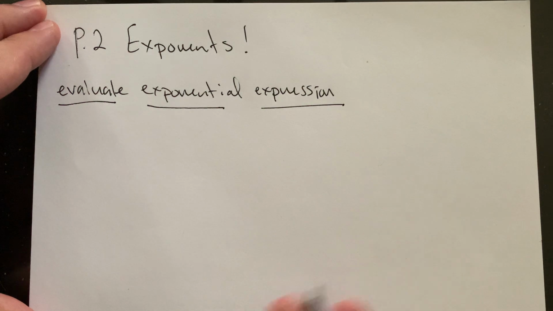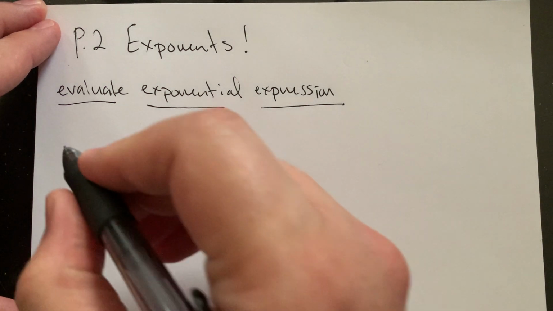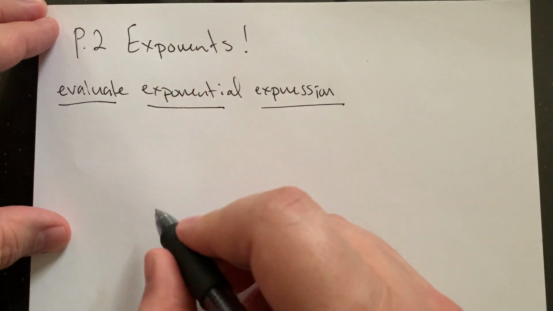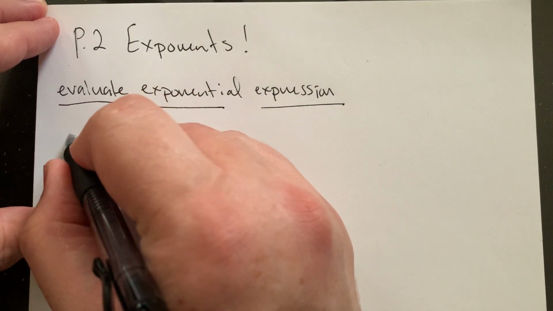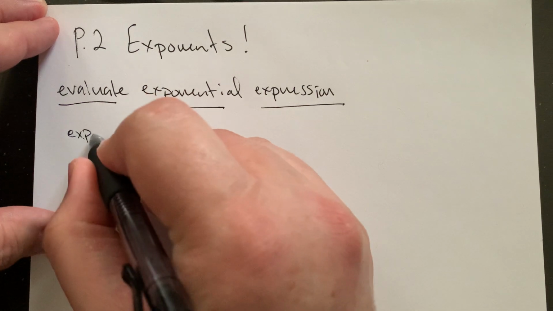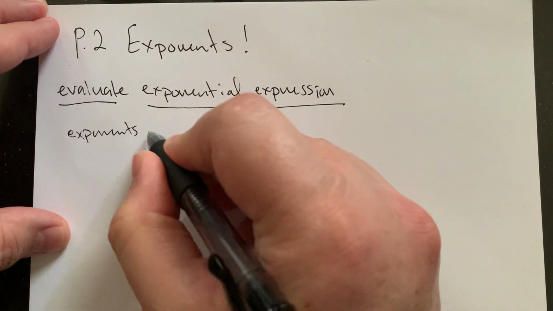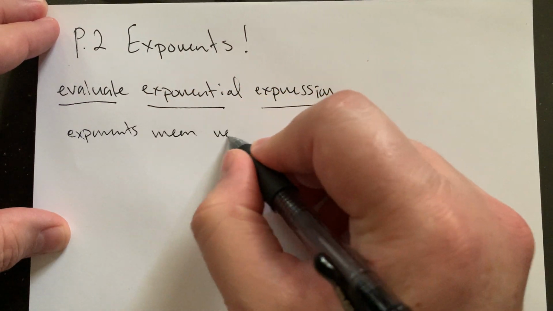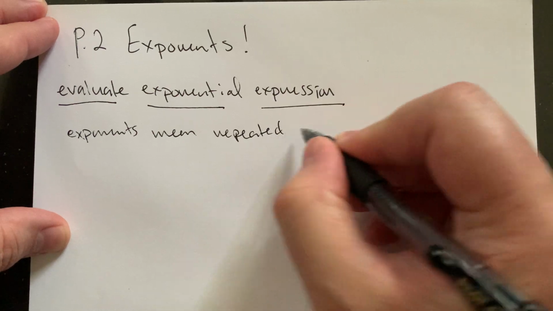So first things first is just being able to evaluate an exponential expression. That is just like if you're given a number to a power, just being able to say what number that's going to be. So just definitionally, exponents mean repeated multiplication.